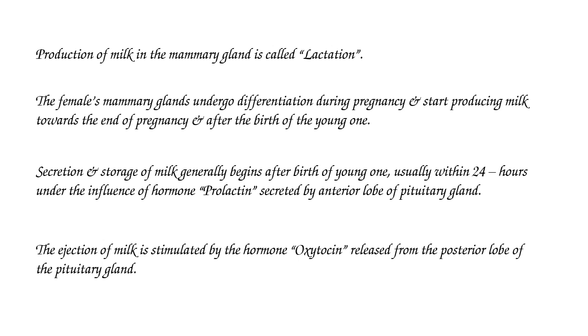But the ejection of milk from the mammary gland is stimulated by the hormone oxytocin released by the posterior lobe of the pituitary gland. So both prolactin and oxytocin are involved: secretion and storage are influenced by prolactin, and ejection of milk is stimulated by oxytocin.